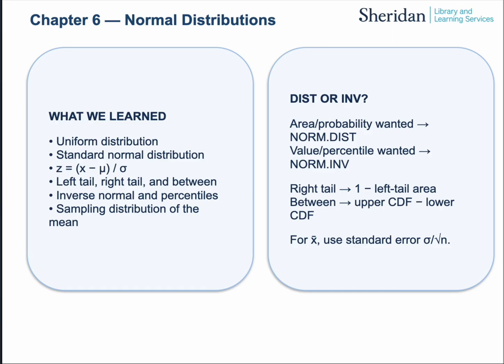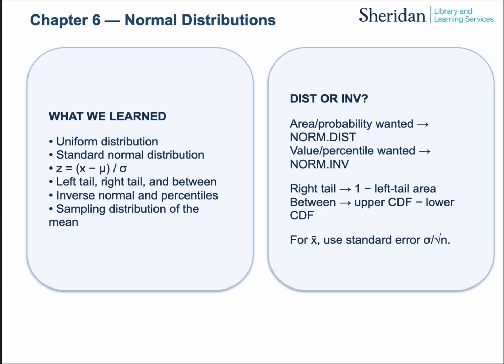The normal distribution is one of the most commonly used distributions because many real-world measurements approximately follow this pattern. Examples include exam scores, height, weight, and many biological measurements. One important characteristic of the normal distribution is that it's symmetric around the mean.